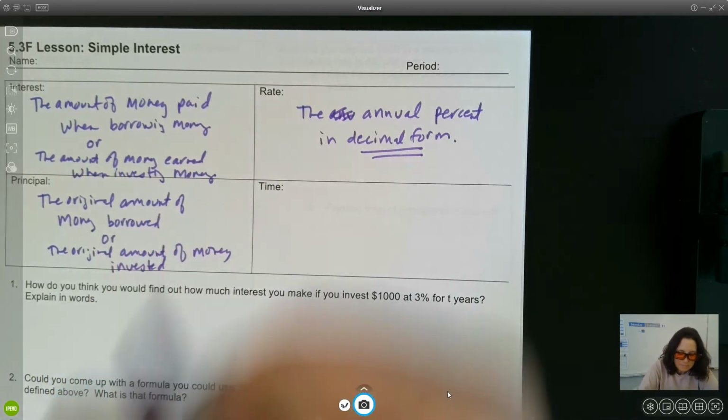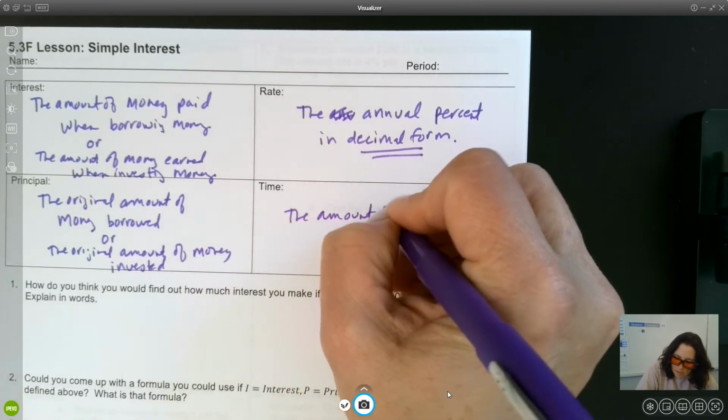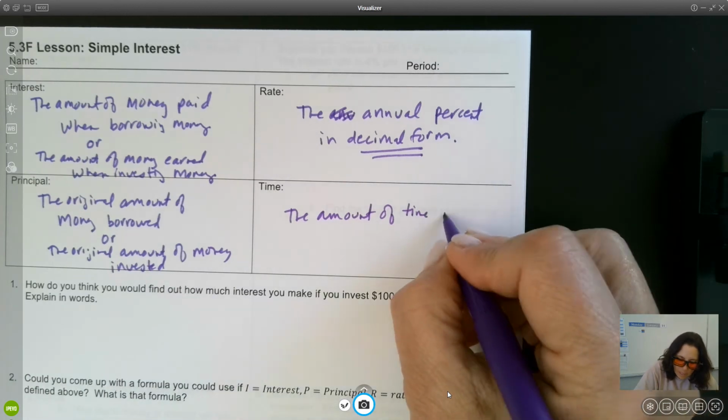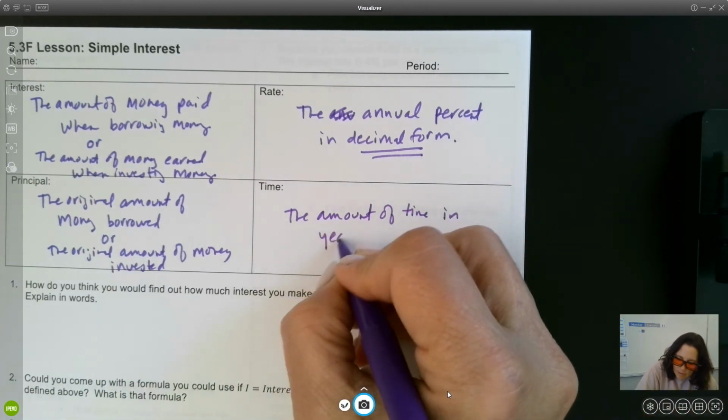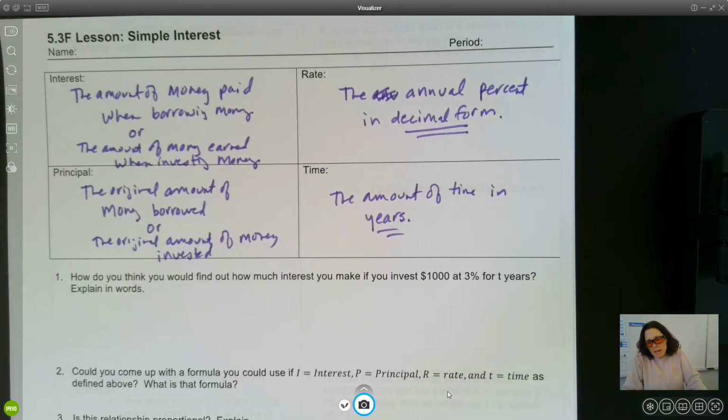The time is the amount of time in years. So if you get a car loan, let's say it's $40,000.